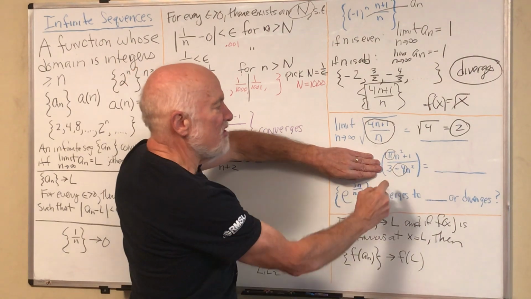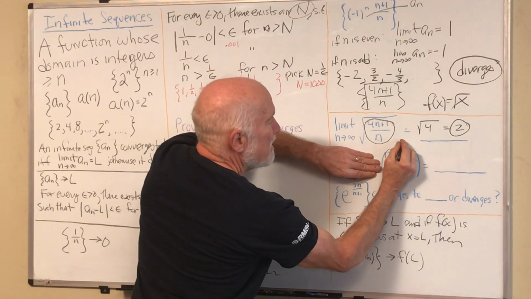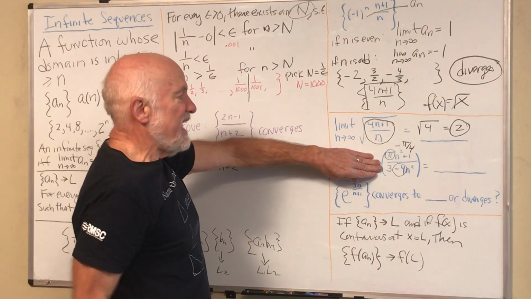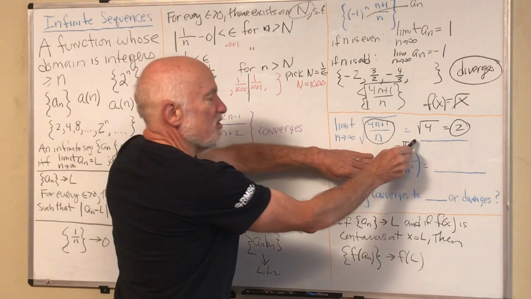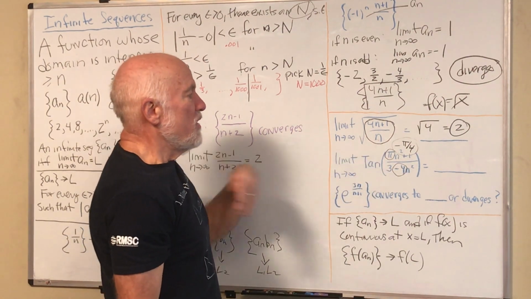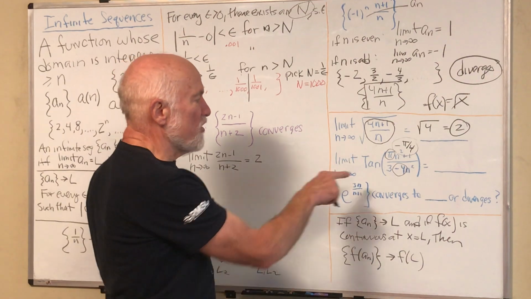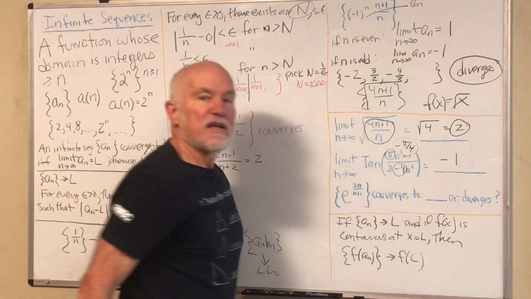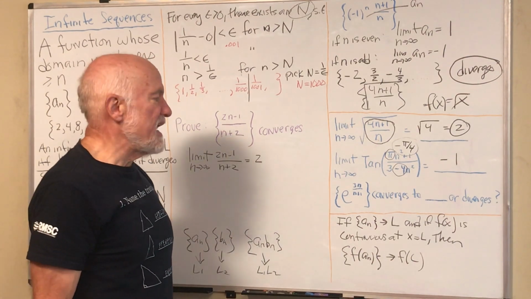So that means this inside part converges to negative pi over 4. And the tangent is continuous at that part of the curve. So we know that this whole thing converges to the tangent of negative pi over 4, which, if you know your trig, is going to be negative 1.